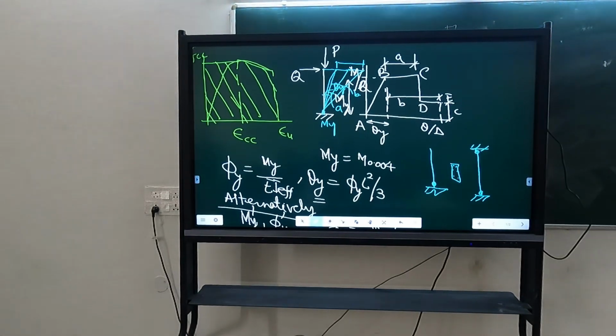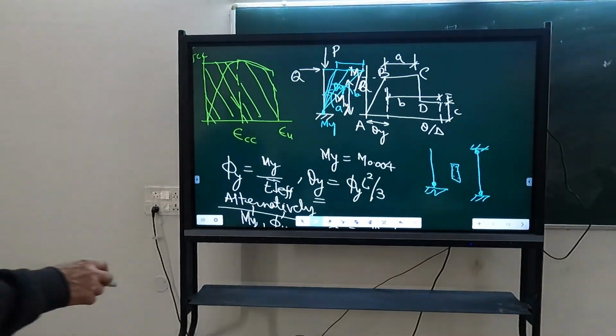Because M phi depends on what? Cross section. M theta depends on what? Cross section. What is additional coming there? The plastic plane.